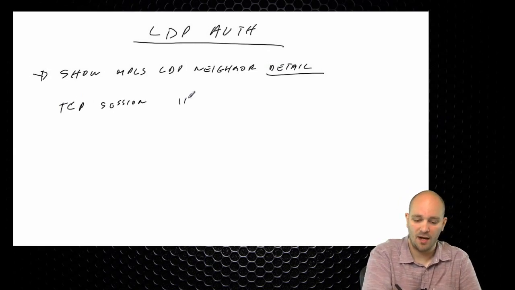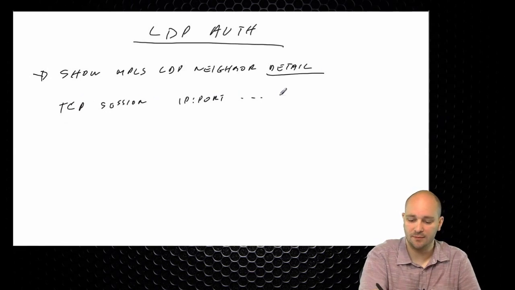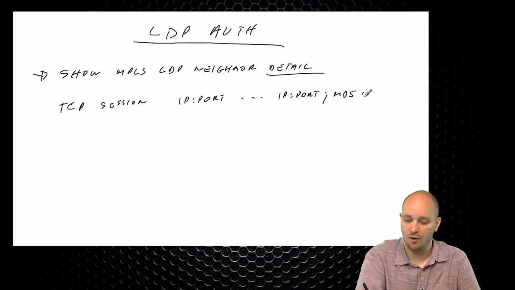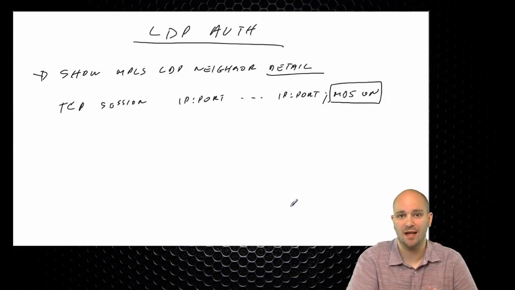You will have IP address port, and then something, IP address port, and then MD5 on. This MD5 on is what you are looking for. This will tell you that MD5 is actually operational on this session between these two neighbors.